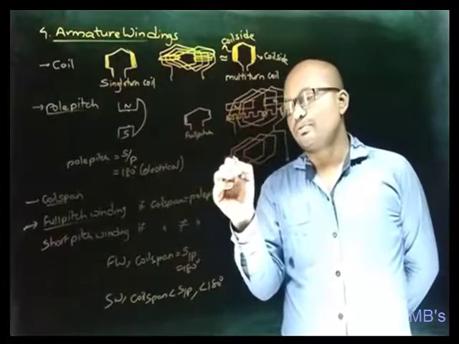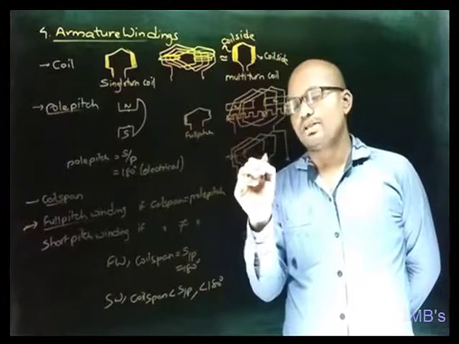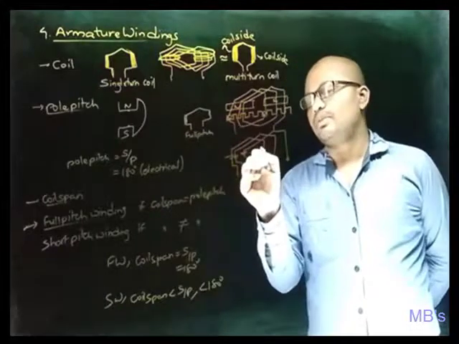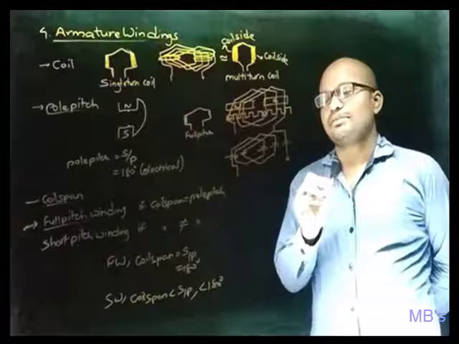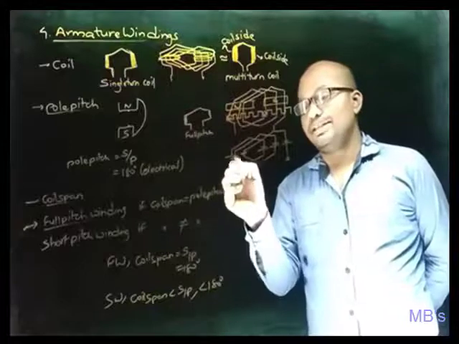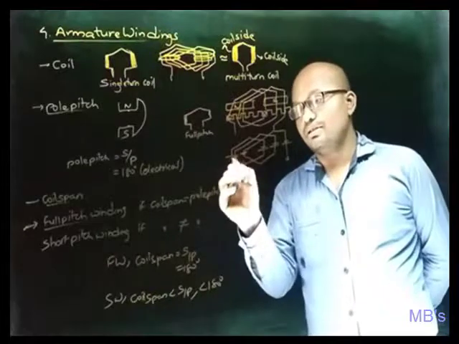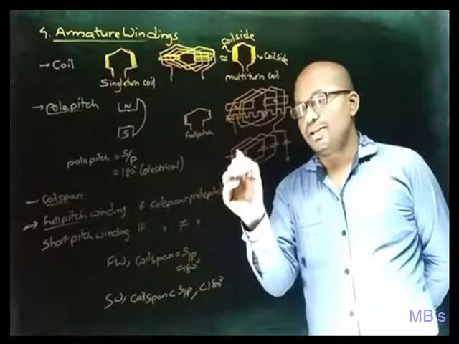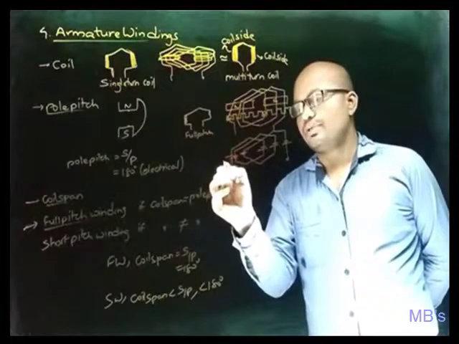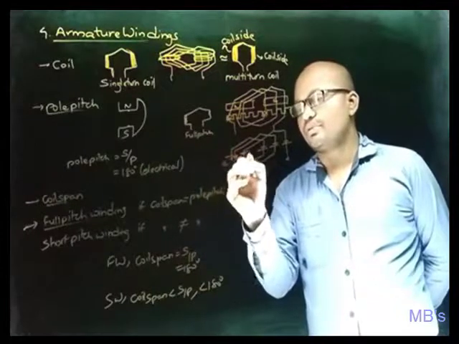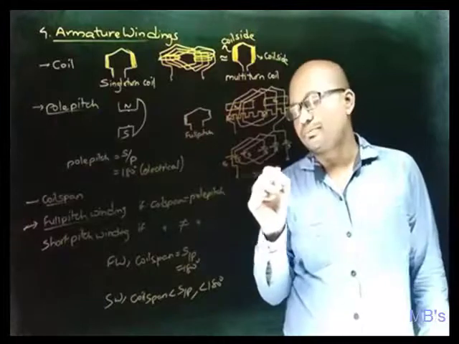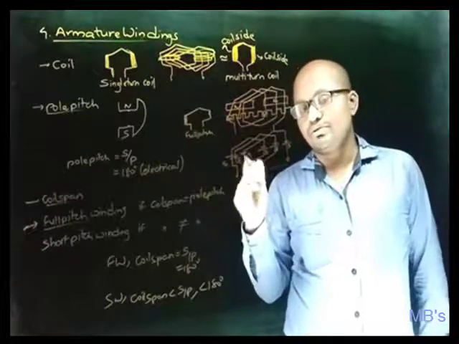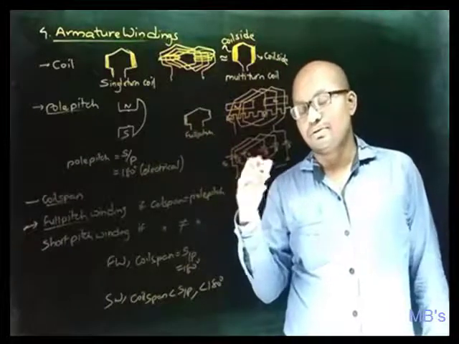EMFs induced because of North Pole, let be in same direction like this, and the EMFs induced due to South Pole, let this be like this. So by applying KVL, you can observe that the EMFs are additive. Suppose if this is 5 volts, if this is 5 volts, so how much is the voltage between the two ends? 30 volts here. So in order to increase the voltage rating, just increase the number of turns.